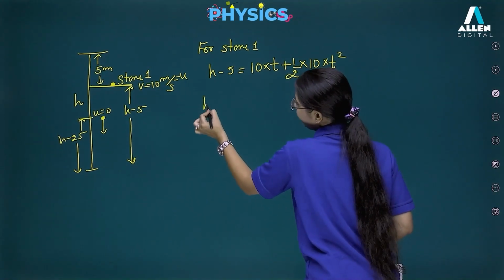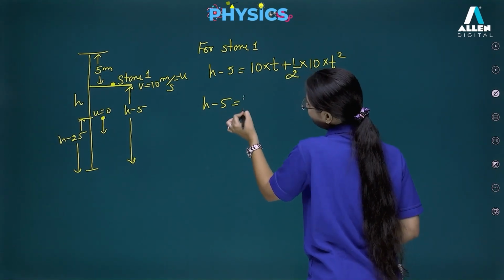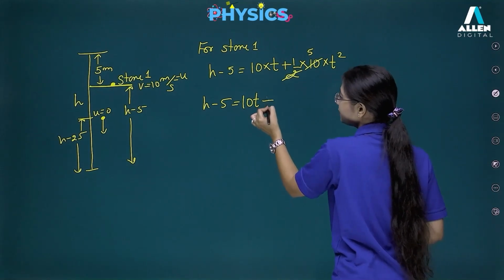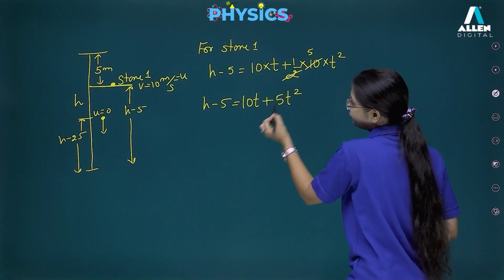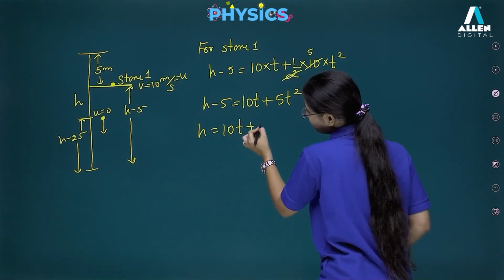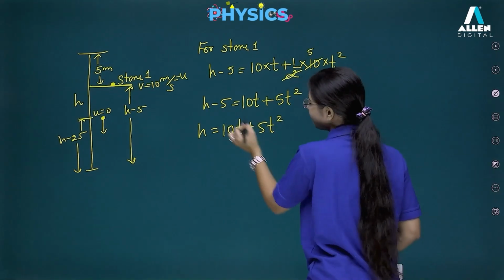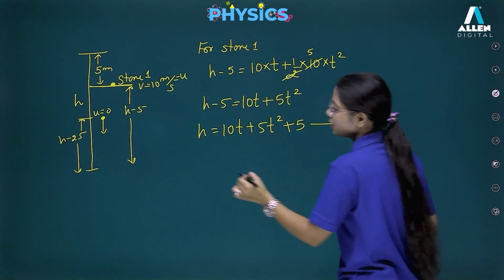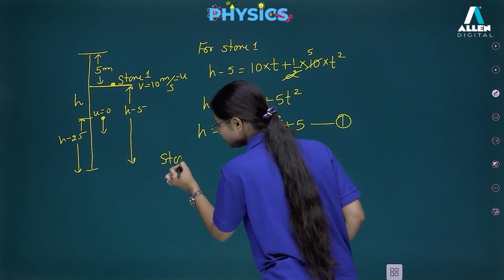So it will become h minus 5 is equal to 10t, 2 to 10 will cut 5 times. So it's plus 5t square. So here h will come 10t plus 5t square, and this minus 5 will become plus 5. This is equation 1.